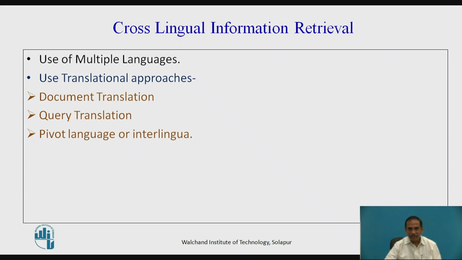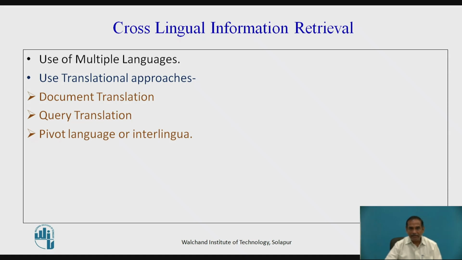We use translation approaches for translating the documents from one language to the other as required, translating the query, translating the terms in the particular query, and giving synonyms for the particular terms in the query. We might create a pivot language or interlingua, which consists of more than one language expressed in a particular scenario.